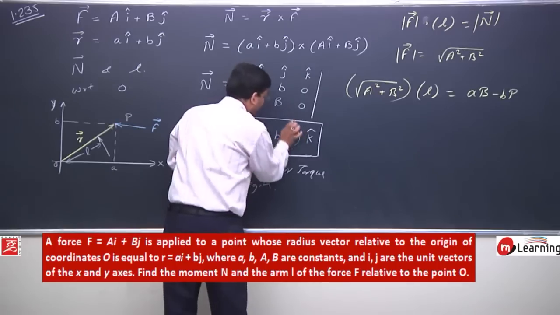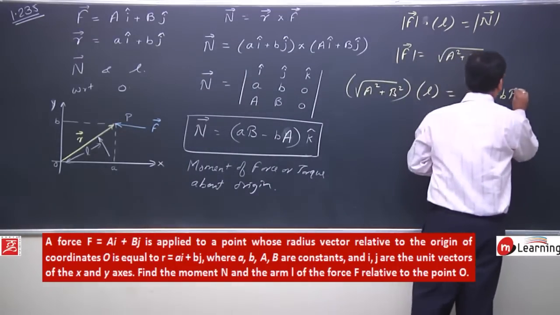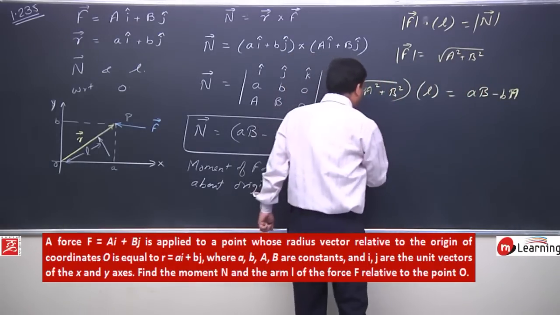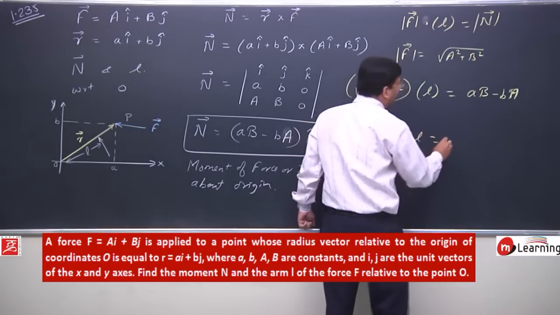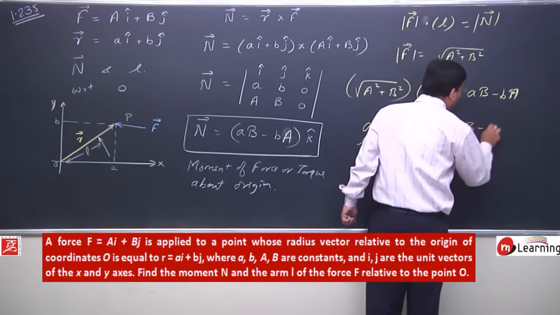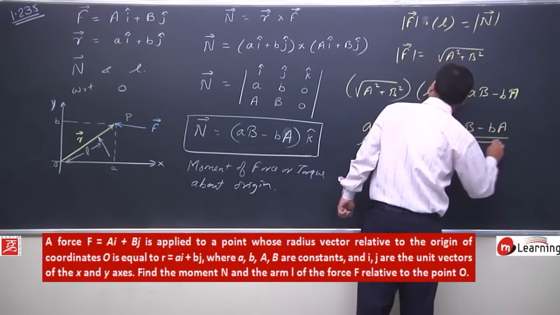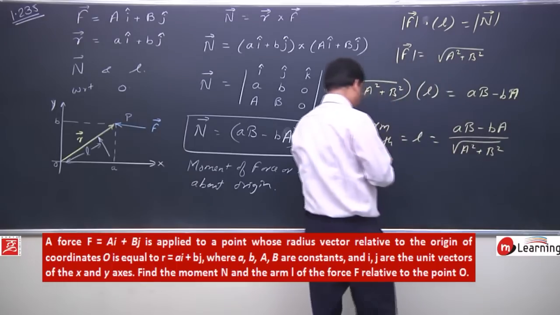Here it seems it must be A, B into A. So, arm length L would be equal to AB minus BA upon under root of A square plus B square.